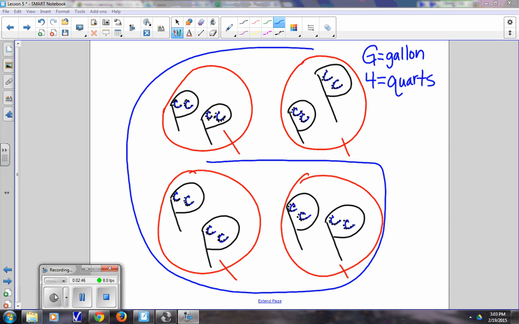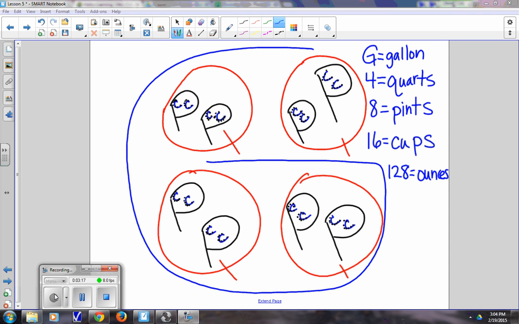There are 1, 2, 3, 4, 5, 6, 7, 8 pints equal a gallon. There are 2, 4, 6, 8, 10, 12, 14, 16 cups, and 8 times 16 is 128 ounces in a gallon. So this is just a way to remember.